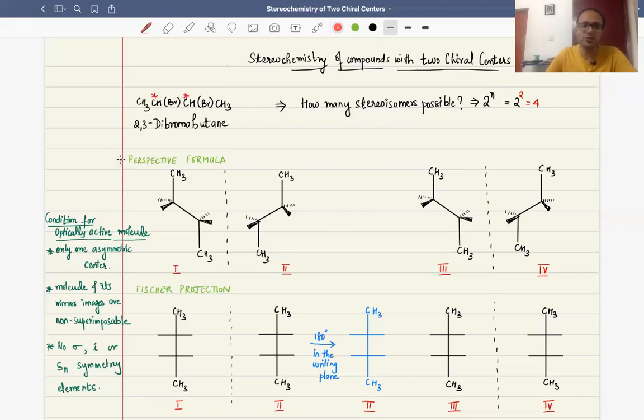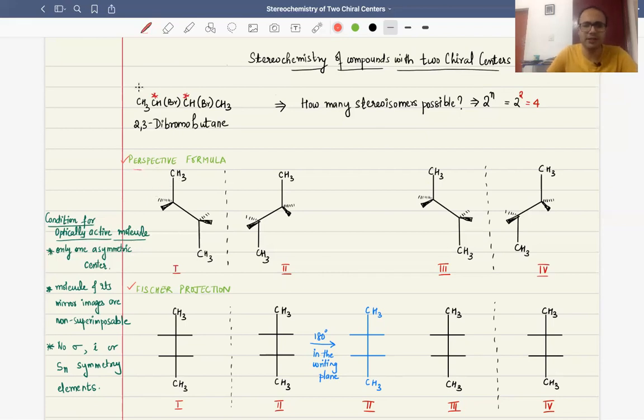We know there are two basic formulas that we use for drawing a three-dimensional molecule on a two-dimensional plane, either a perspective formula or a Fischer projection formula. So when we consider these two formulas, let us see which is more convenient for writing molecules with more than one chiral center. So let us first start with the perspective formula.